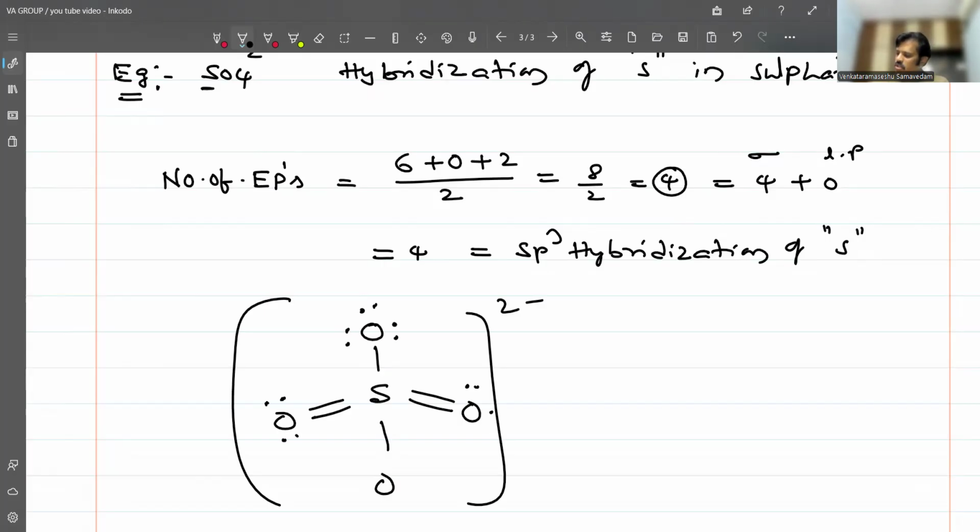Therefore, the 6 bonds are satisfied. So oxygen connected with only one single bond, then you have to write 3 lone pairs; oxygen connected with 2 bonds, then you have to write 2 lone pairs. Therefore, the geometry is tetrahedral.